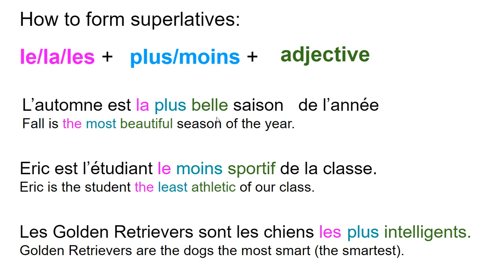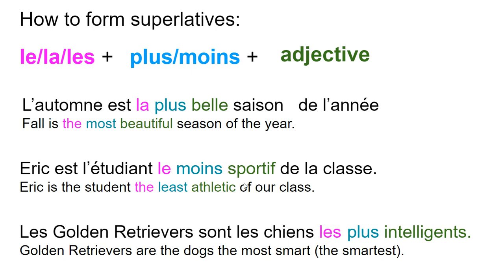Okay, so we didn't say l'automne est la saison la plus belle. So we put our superlative before the noun, okay? Because belle is a BAGS adjective. So it comes before because we're saying that autumn or fall is the most beautiful season. So it's really, we're comparing autumn as a season to the rest of the seasons.